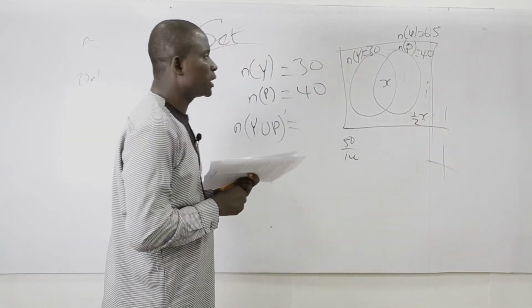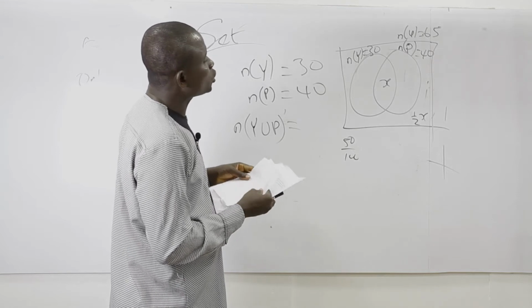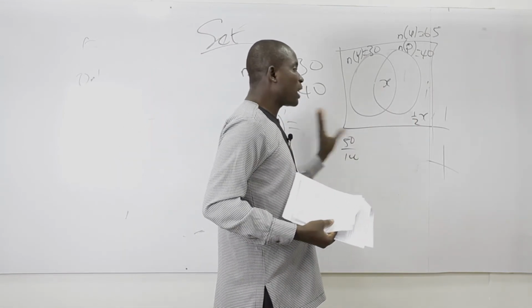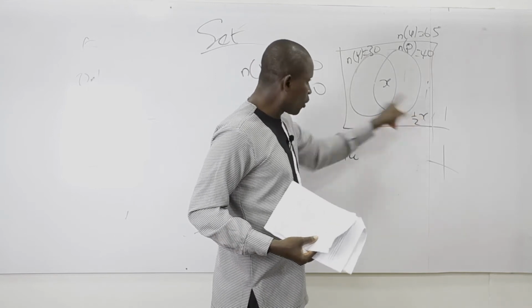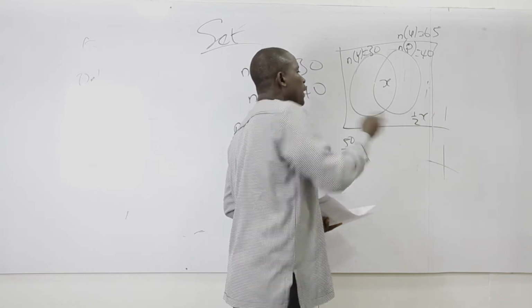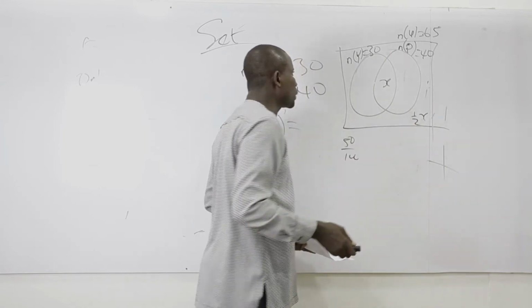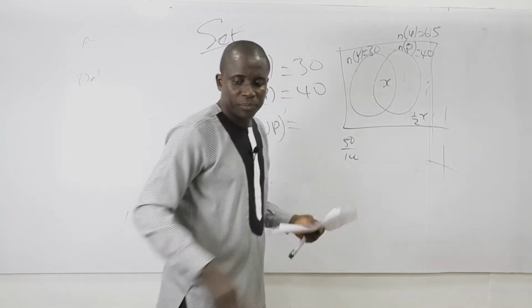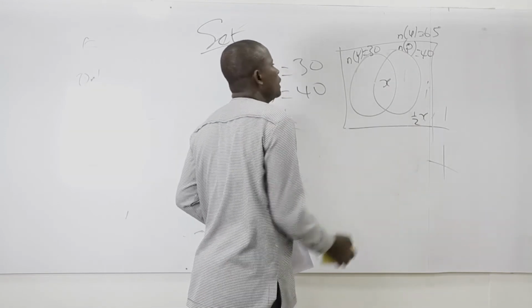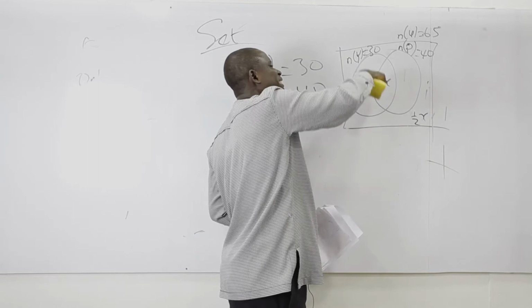To avoid confusion, 50% of this one is 50 over 100. So when you cancel it, you get 1 over 2. So you understand how this one comes, because he said it's 50% of those who sold both.